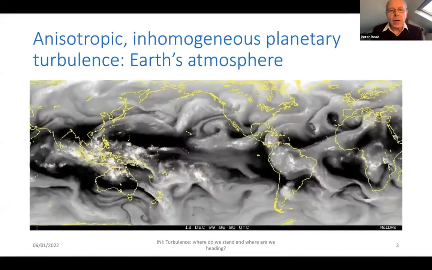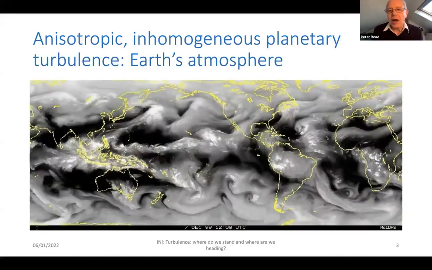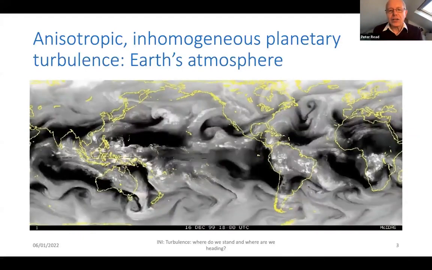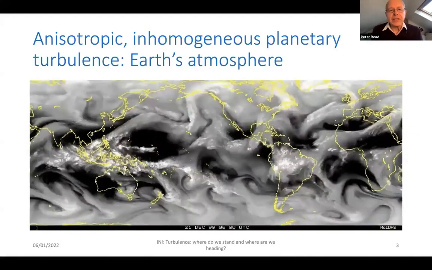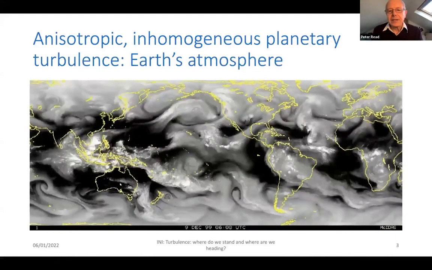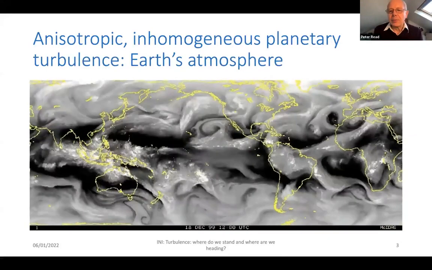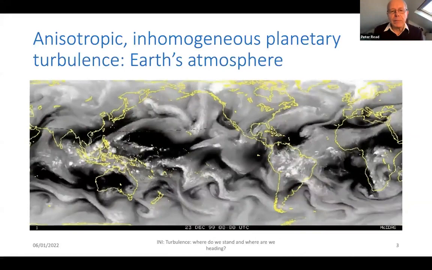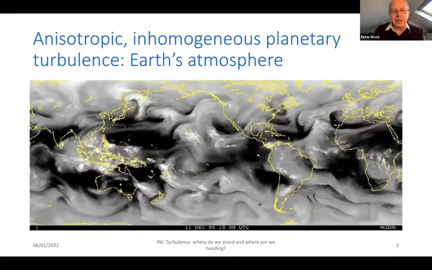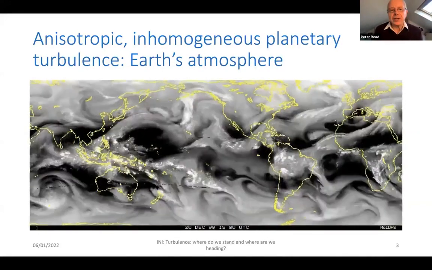So white regions are moist regions and dark regions are regions where the air is relatively dry. What you can see is largely a zonal motion, that is motion going from east to west, particularly at high latitudes. The equator's down the middle, where the motion is in the opposite direction. But all sorts of other things are going on. There are meanders and waves and so on that are anything but isotropic by any stretch of the imagination.